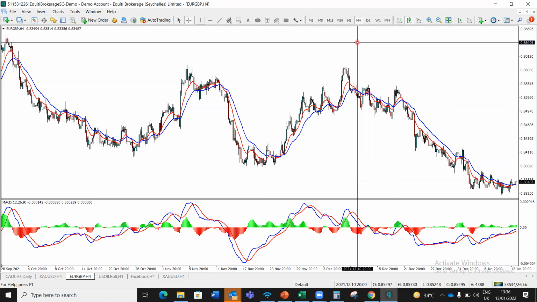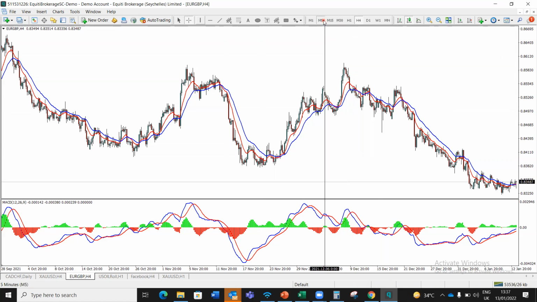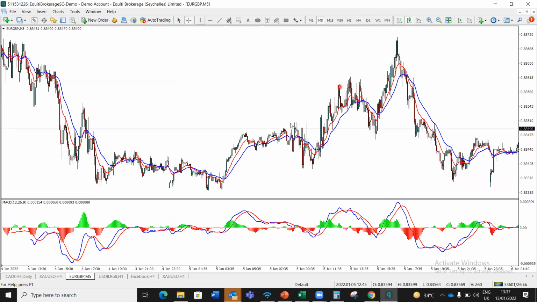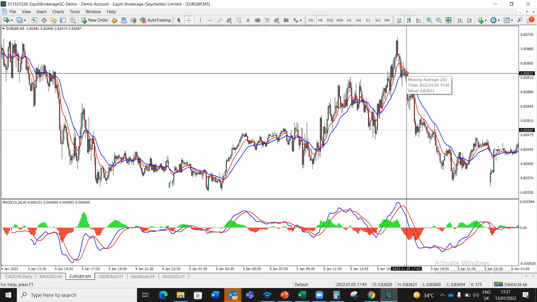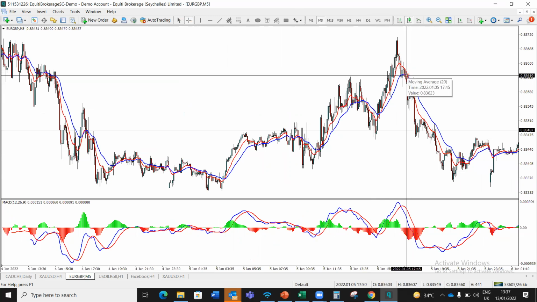So within your 2 hours per day, if you want to take short trades, then you go to the 5 minutes time frame. On the 5 minutes time frame, we have a sell signal here, right? And then it came up here. This was on the 5th of January.